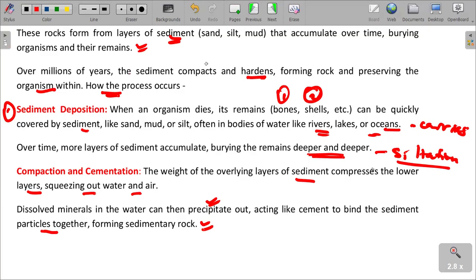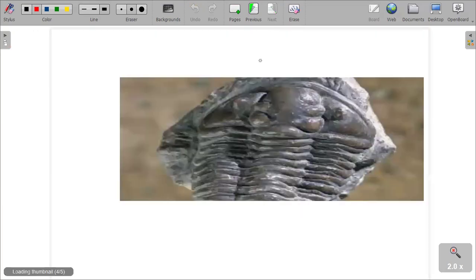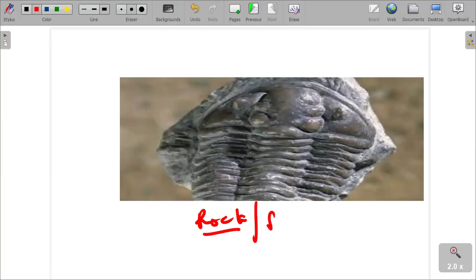Basically, this is what we are talking about in terms of the formation of sedimentary rocks. Lastly, I have a picture of a sedimentary rock that you can look at. We are talking about the fossilization process, which is also the sedimentary rock formation.